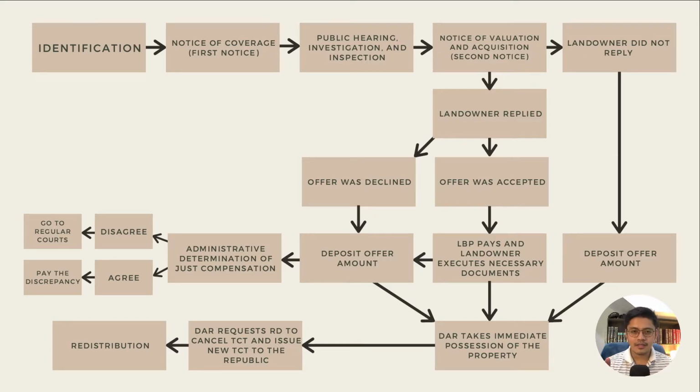Note that this is a simplified flow chart, because first, if we try to be too technical about it, it will have so much detail to the point that it will not be digestible anymore. Secondly, since we are discussing this in a general manner, I think that those technical rules will have to be dispensed with.